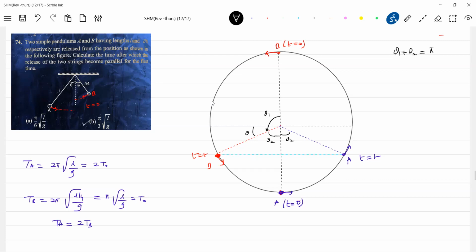What is theta 1? Time taken by B. What is the time period? Shall we write? It is like this: theta 1 by t equals 2 pi by t naught. This is for B. For A, what do we write? Theta 2 by t equals 2 pi by 2 t naught.